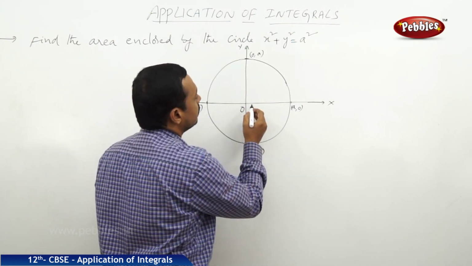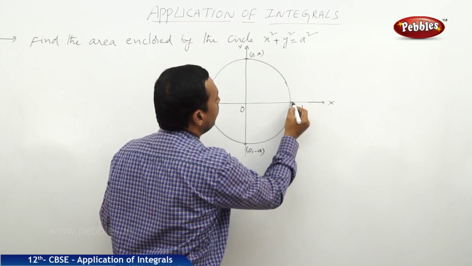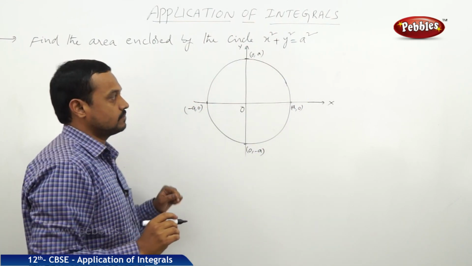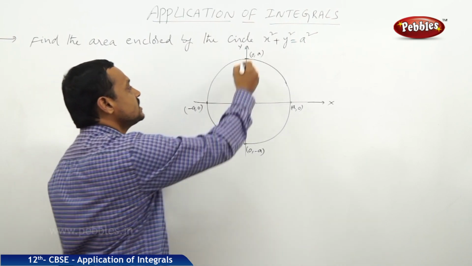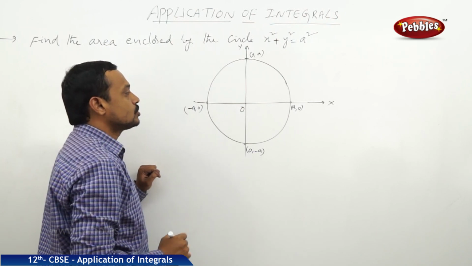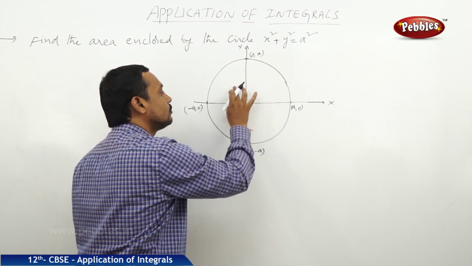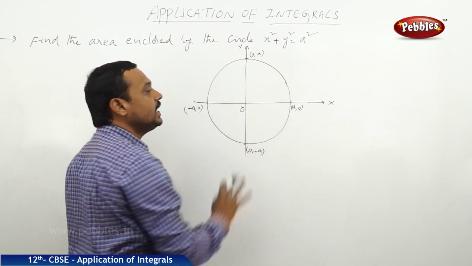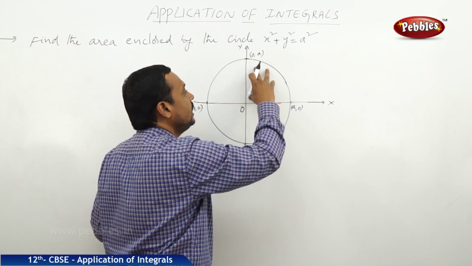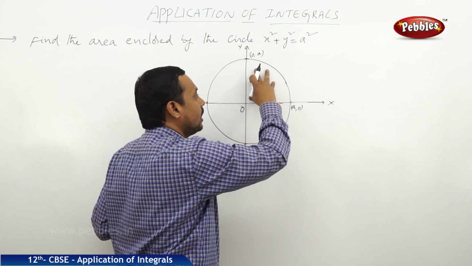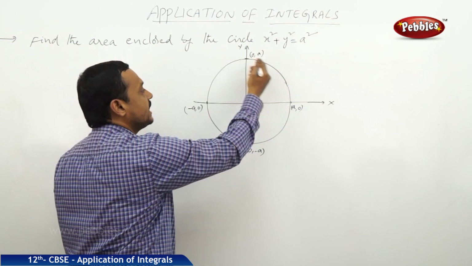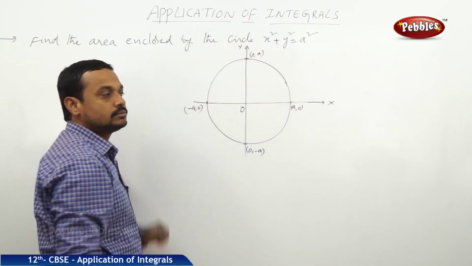So the portion above the x-axis is the same as the portion below the x-axis, and with respect to the y-axis, these two portions are the same. So finally, these four portions give equal values, so we just find the area of one portion and multiply it by 4, then it gives the total area.